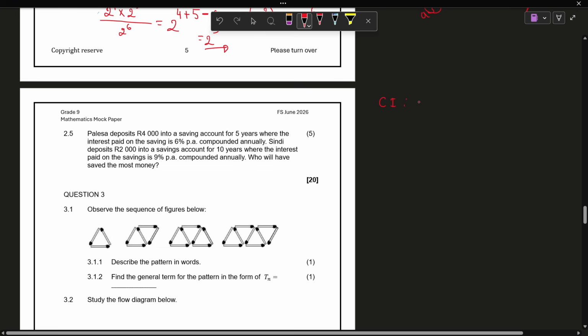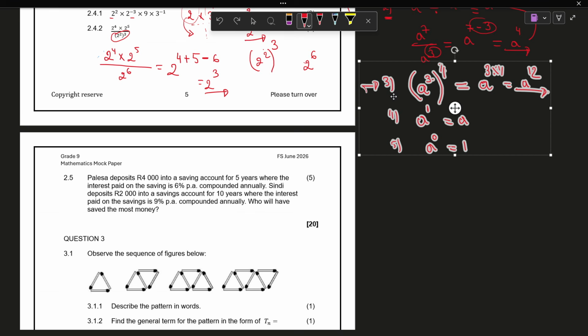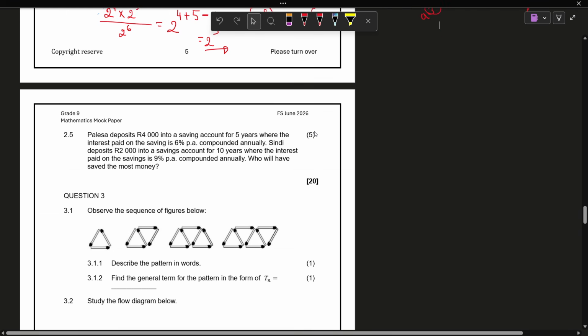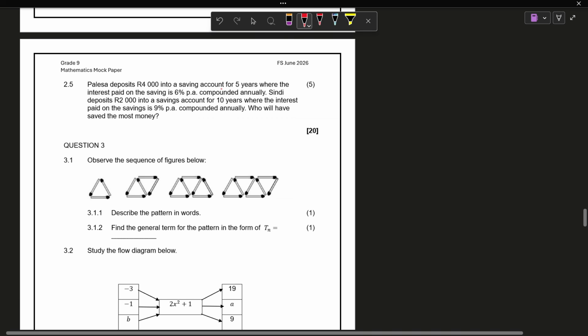Before I even talk about compound interest, let's talk about, in financial math, first of all, we have the principal amount. This is the amount we want to build so that it can accrue.